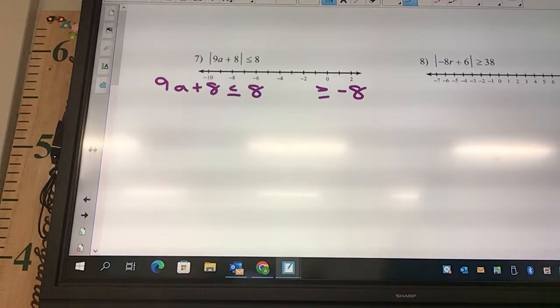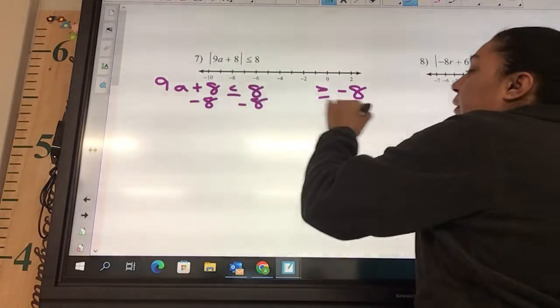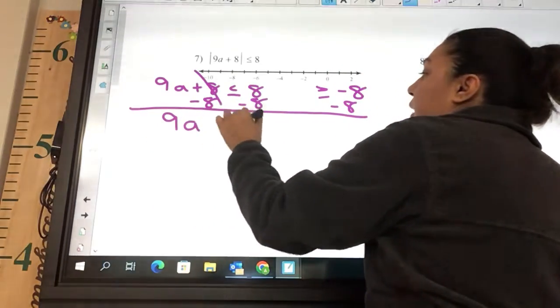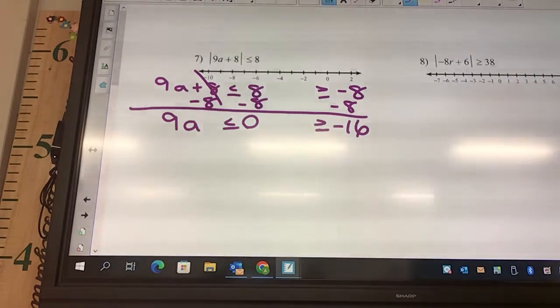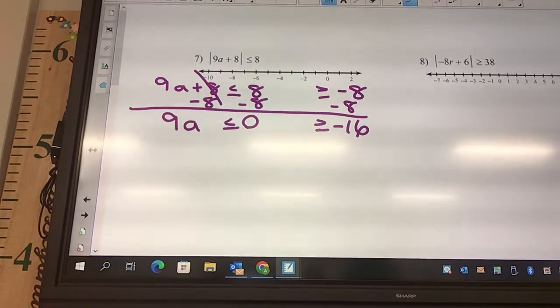Minus 8 from all the pieces. So I got 9a is less than 0 and negative 16. Okay, and then what? Divide by 9.